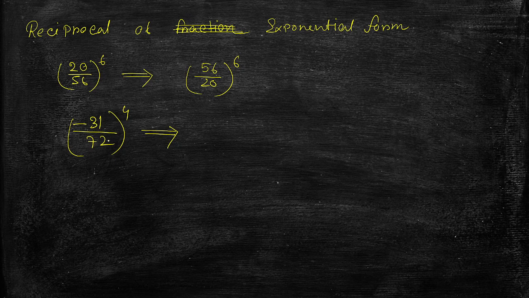The reciprocal will be, obviously, the denominator gets the numerator, 72 by 31 to the power 4, but the sign will remain in the numerator, not the denominator, because a denominator can't be a negative number. So remember that.